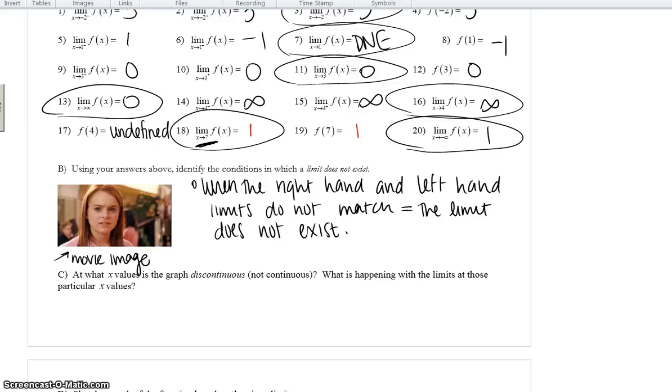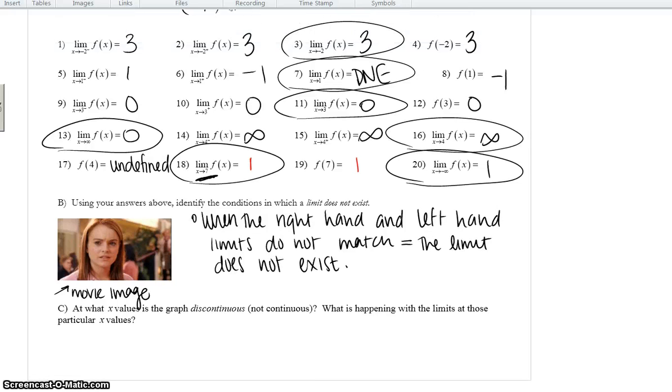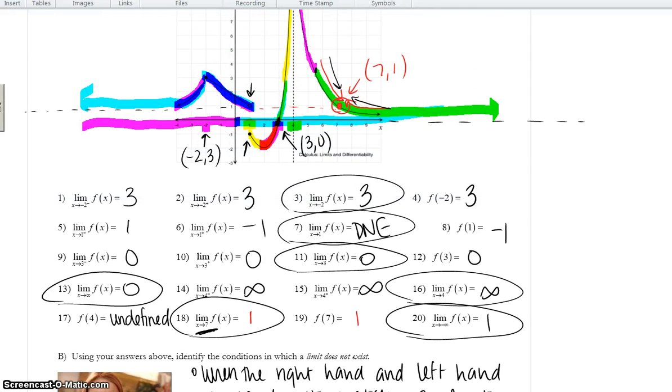So for part C, it says, at what x values is the graph discontinuous, meaning not continuous? And what is happening with the limits at those particular x values? So let's look at our graph where it's not continuous.